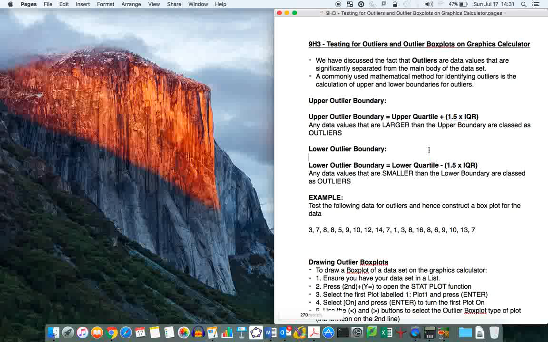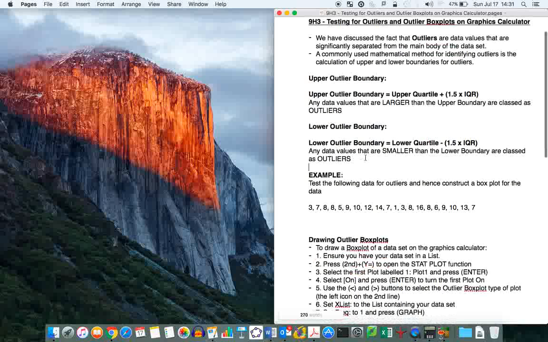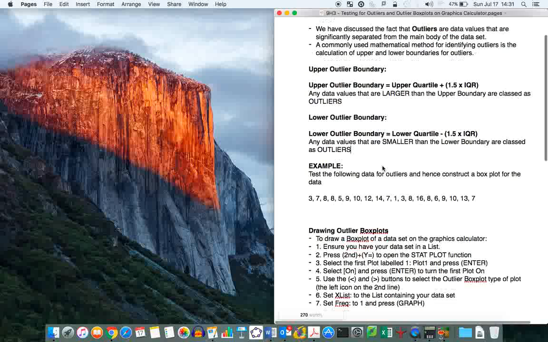Any data values that are larger than that boundary will be an outlier. And then your lower outlier boundary is going to be the lower quartile minus 1.5 times the interquartile range. Any values that are smaller than that lower boundary will be outliers as well.